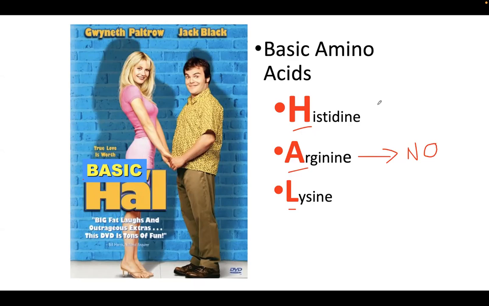Histidine is the one that undergoes decarboxylation and becomes the very important vasoactive amine histamine, which plays a very important role in acute inflammation and in hypersensitivity reactions. And arginine also plays a very important role in the urea cycle.